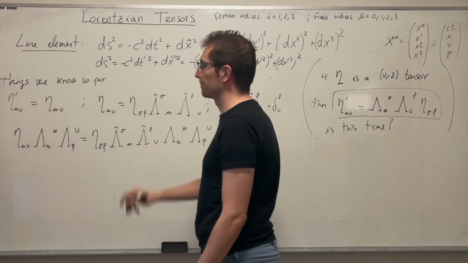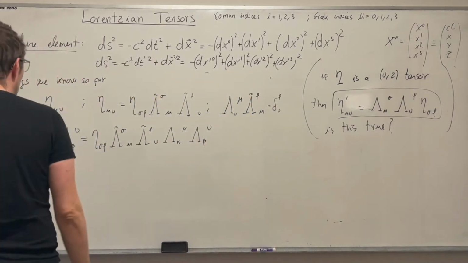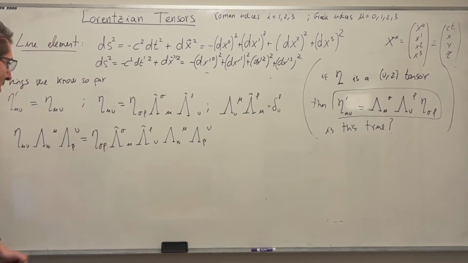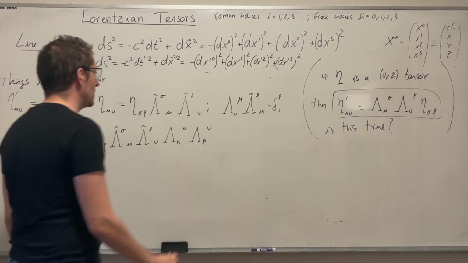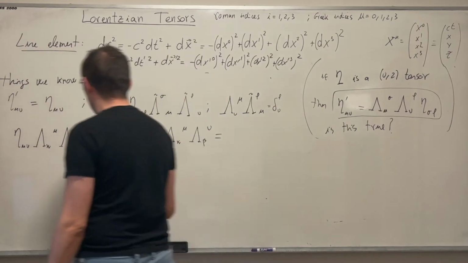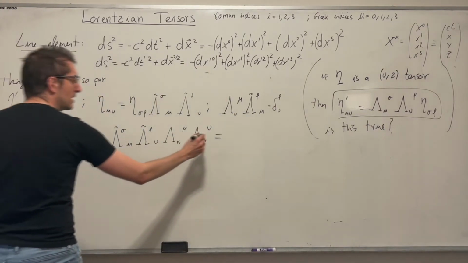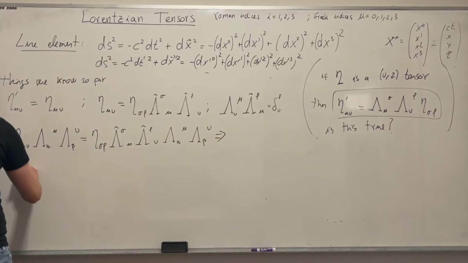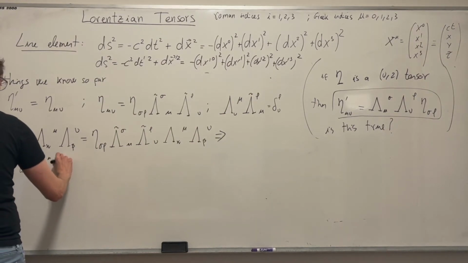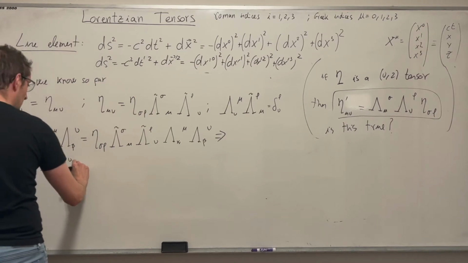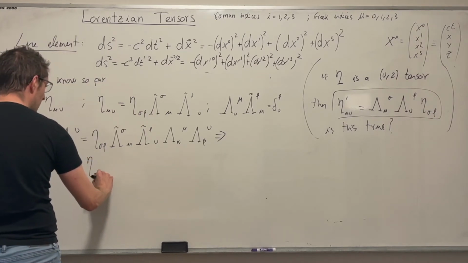All right. Now, all that we do is reorder this a tiny little bit so as to have the right products, and then we get this. I'm going to do it step by step. It's eta mu nu lambda kappa mu lambda beta nu equals eta sigma rho, and then I pair them.